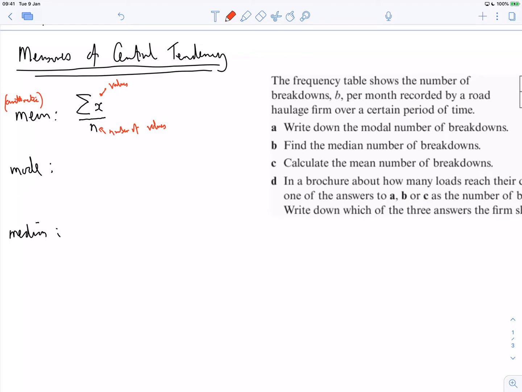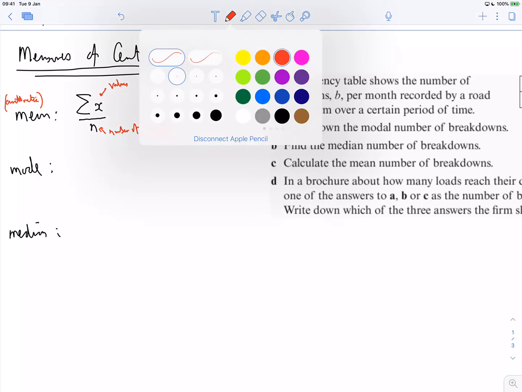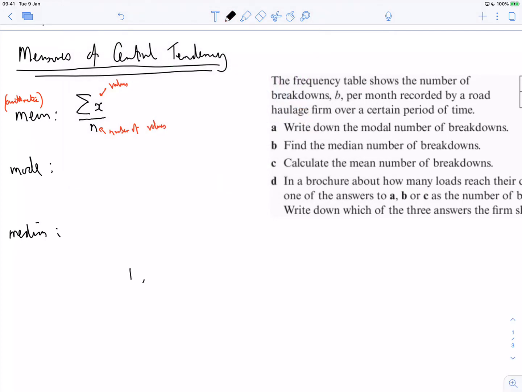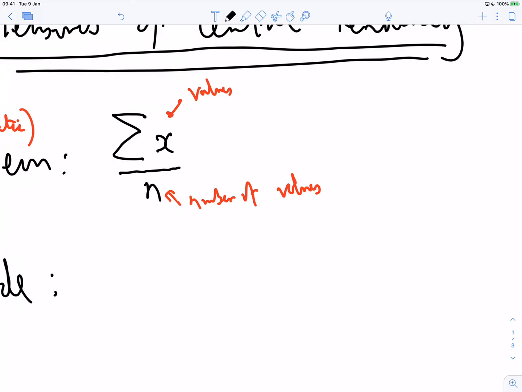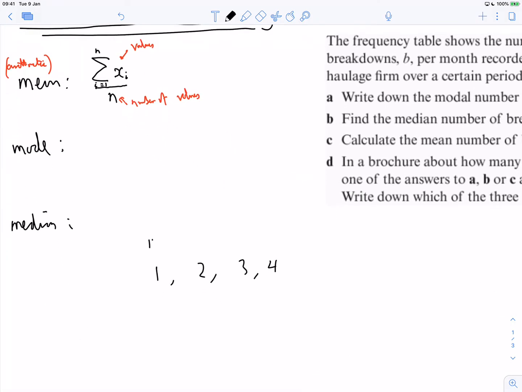Okay, so let's take an example of that really quickly. Let's say I've got the numbers 1, 2, 3, 4. Then x, well, let's concrete this. Let's say I've got xi, where xi goes from 1 up to n. So it's all the numbers. So this is the first number, this is the second number, this is the third number, and this is the fourth number, where n equals 4 because there's 4 numbers.